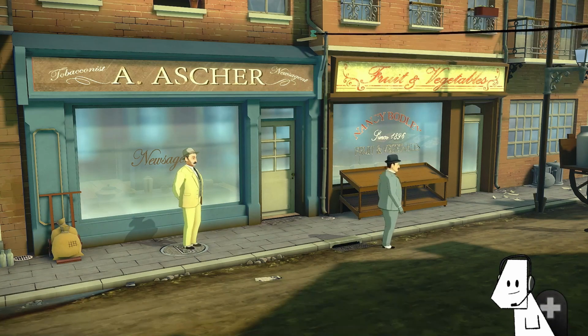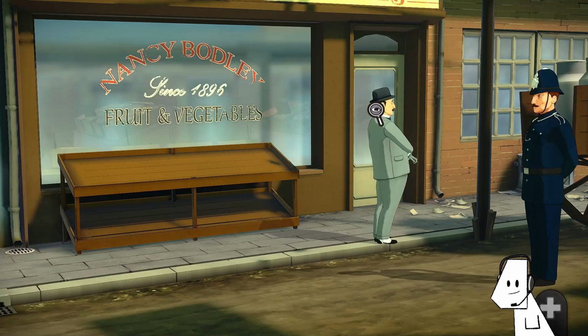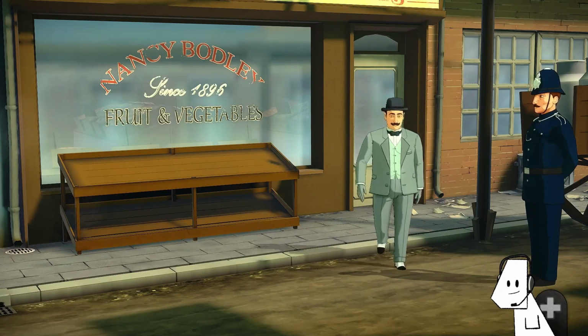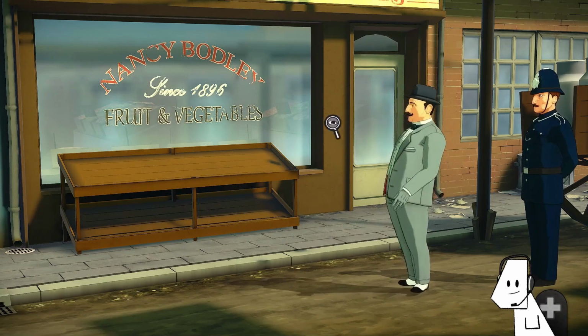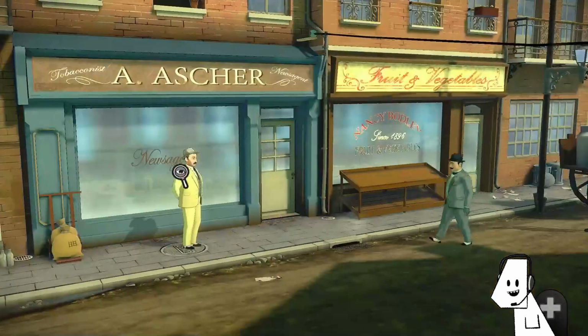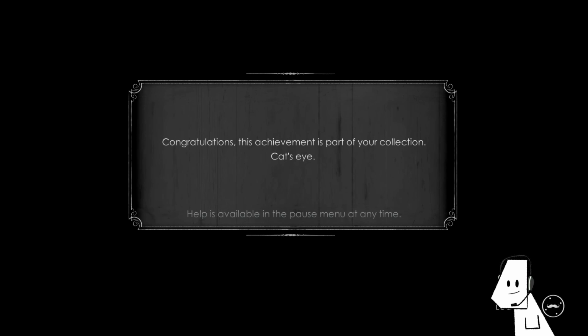Okay, so we could go talk to the employee. Nope, no one in there. It's a little bit janky at the moment. Oh my goodness! The pointer keeps moving out of the way. I think we're supposed to go in there, and I'm already stuck.